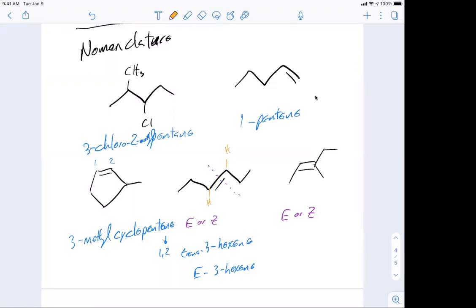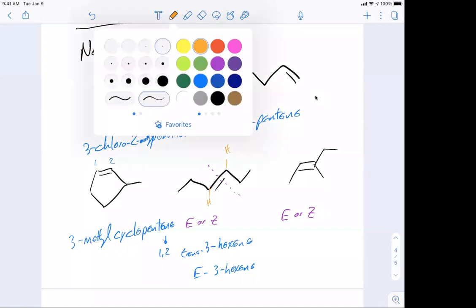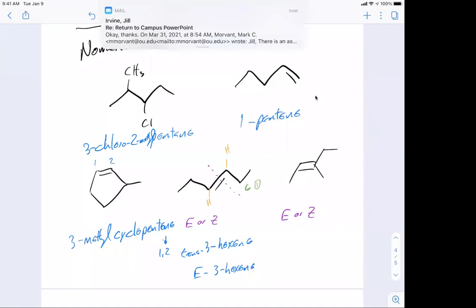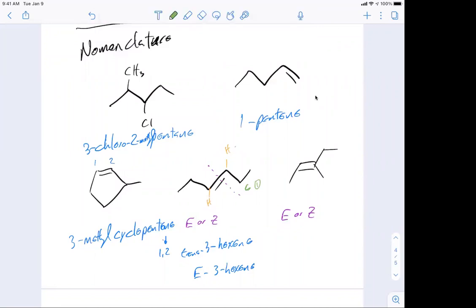Okay. All right, so if we look here, getting back to E and Z, what we want to do is use the same priorities that we used in R and S. So really what we're comparing here is that carbon and that hydrogen, right? The carbon has a higher priority, so that gets 1. The hydrogen gets a lower priority, so that gets 2. On the other side, again, we have a carbon and we have a hydrogen.